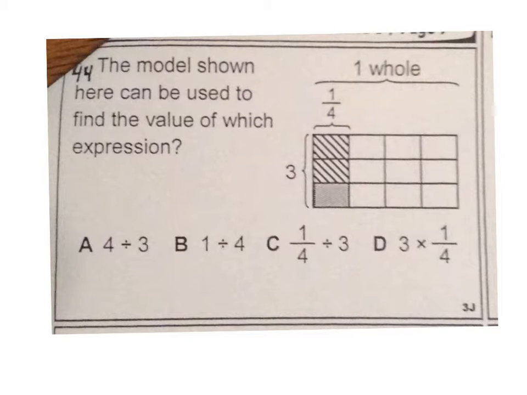Number 44. The model shown here can be used to find the value of which expression? Well, in these models they always give us what one whole looks like, just to compare it to what you have. So it looks like I was given a total of 1/4, and it was broken into 3 sections.